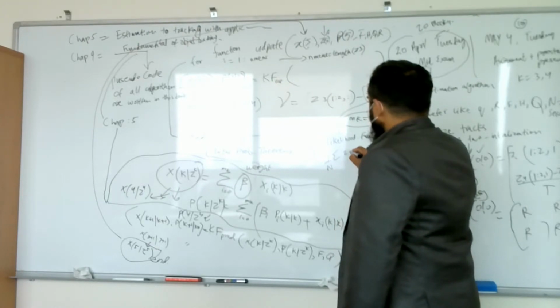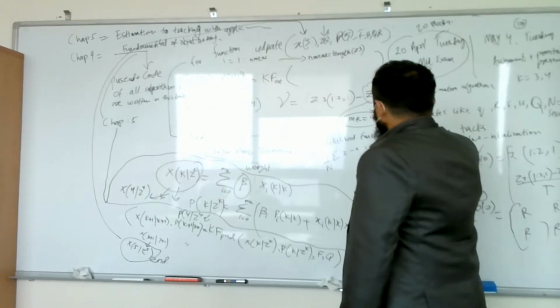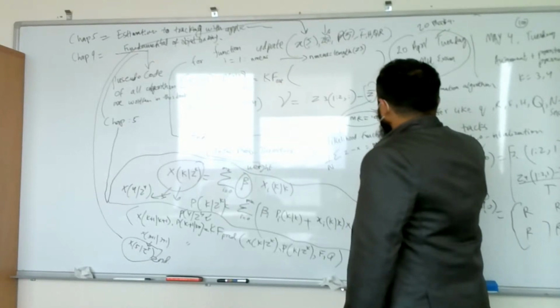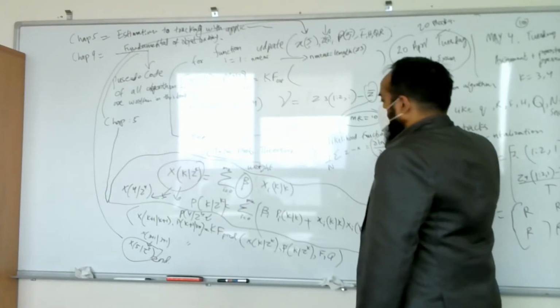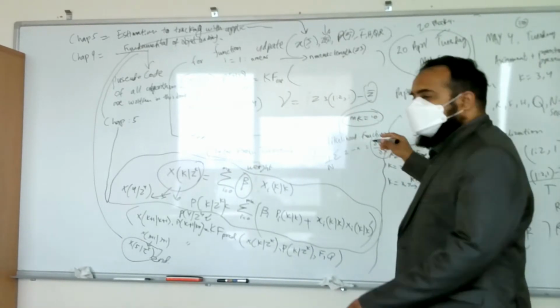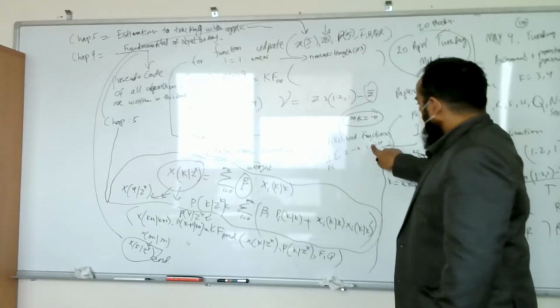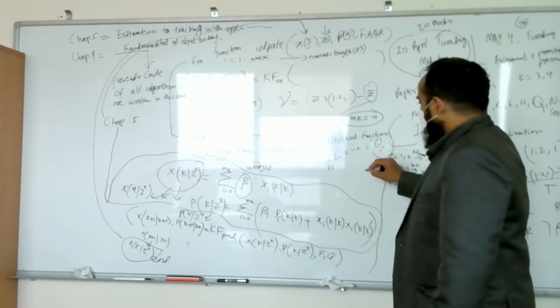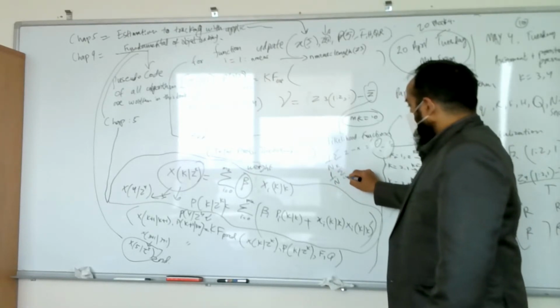Z minus x equals the maximum derivative of the logarithmic likelihood, the maximum likelihood estimator, and the derivative on the first side equals 0.